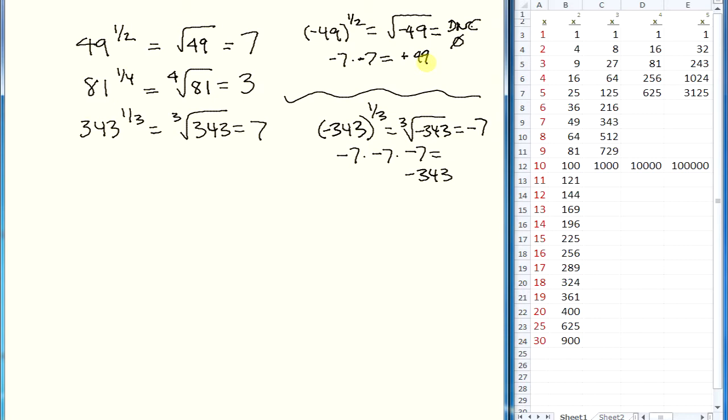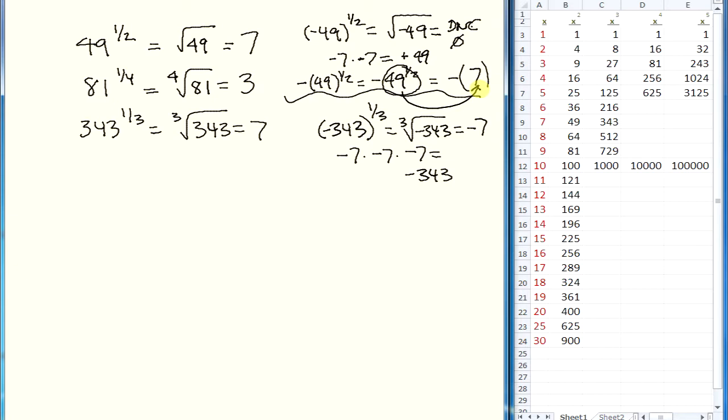If I want negative 7 to come out, what I would need to have done is write the negative in front of the parentheses, and to be honest, I don't even need to do that. I could write it just as negative 49 to the 1/2, because by please excuse my dear Aunt Sally, the exponent would get done first, and it would come back as 7, and then the negative would come second, giving negative 7.